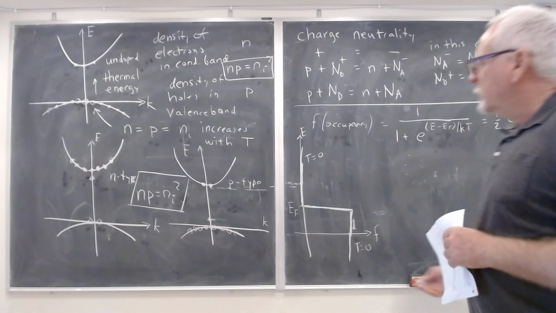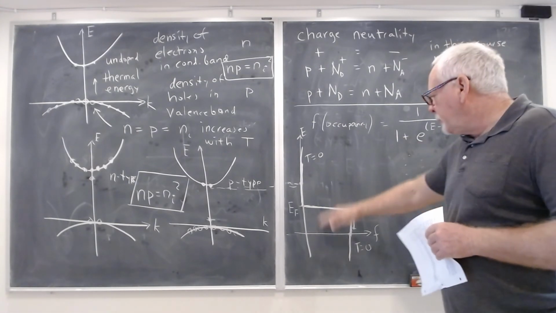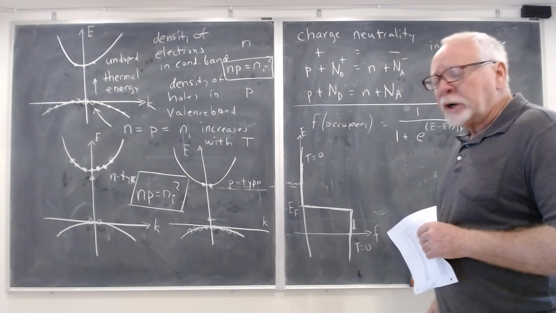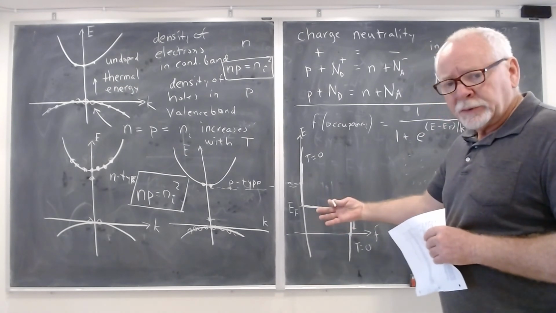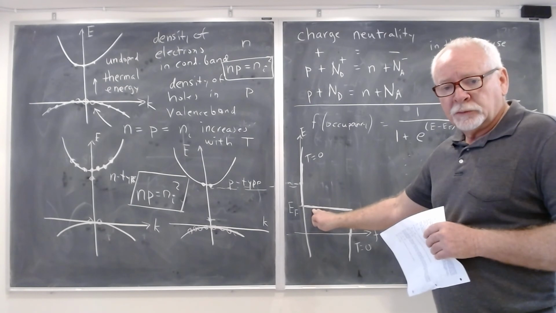In terms of using the Fermi-Dirac function at t equals 0, we could have put EF wherever we wanted. All right, but because of the next thing I'm going to do, which is to raise the temperature, it makes sense to put it in the middle of the band gap.